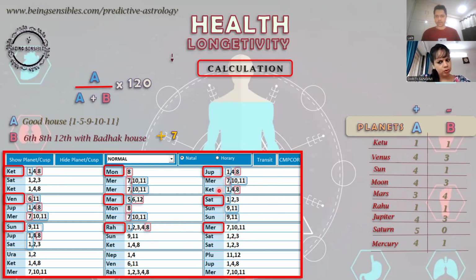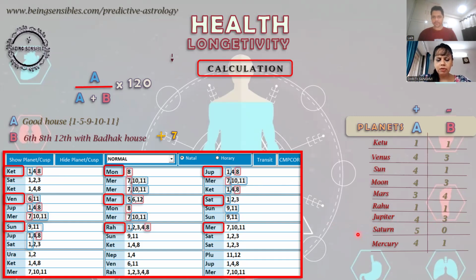Jupiter, we have to consider all three lines. 1, 5, 9, 10, 11. So 1, 2, 3, 4, positive. 6, 8, 12, 7. So 3. 4:3. Saturn. Ketu and Rahu first line, but for Saturn we have to consider full, yes, full. 1, 5, 9, 10.